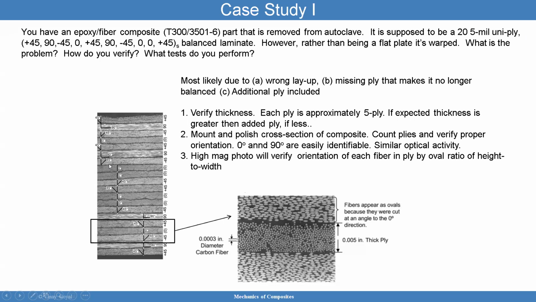You also then have the epoxy, which is what I'm showing here, 3501-6. You have to understand a little bit better what that is, and you can look at Hexcel. For example, that product is a potential product you can purchase from Hexcel as a possibility. Not always, but you can.